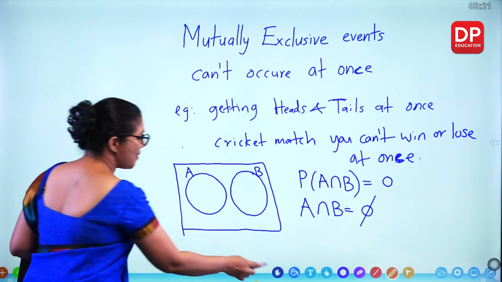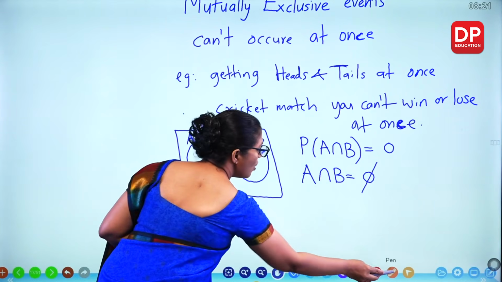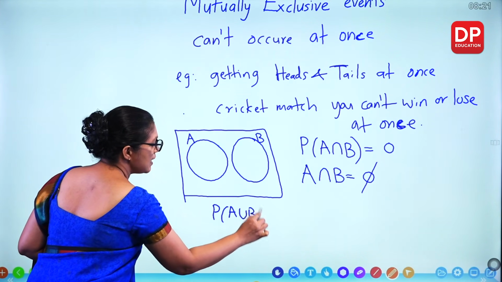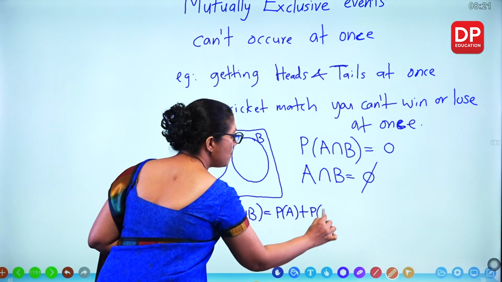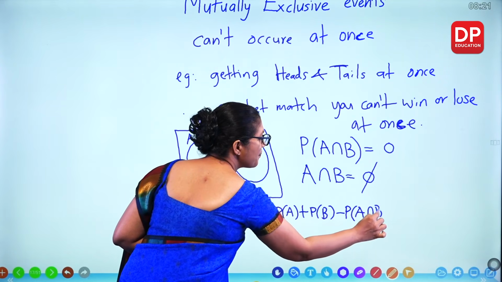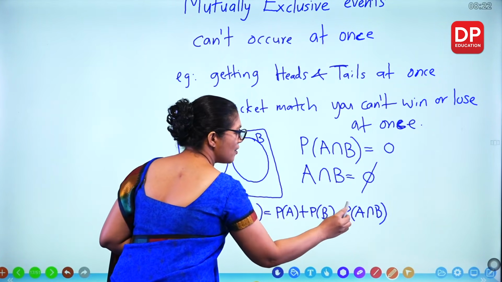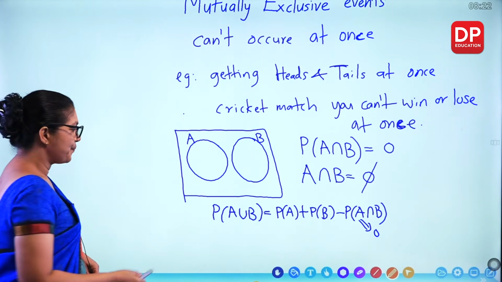Now can you remember we got a formula before? Probability of A union B is equal to probability of A plus probability of B minus probability of A intersection B. For mutually exclusive events, this part becomes 0. So what happens to the formula?